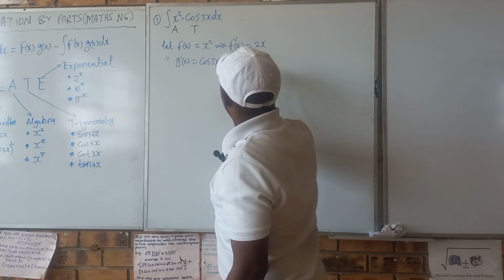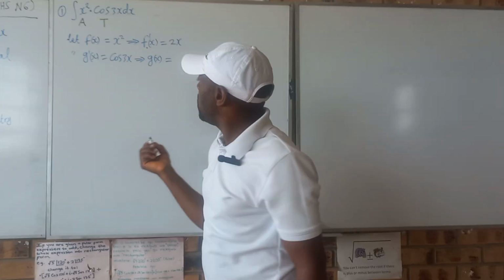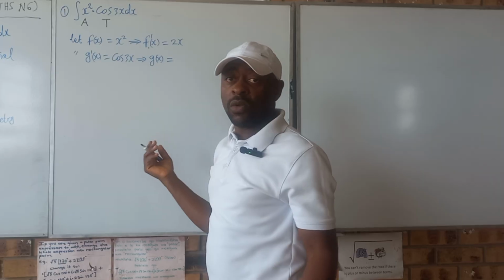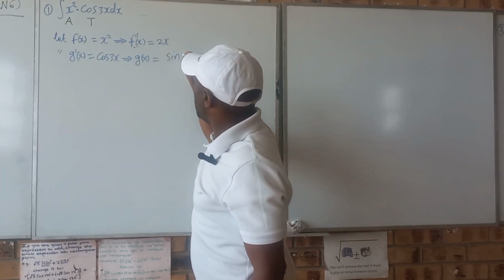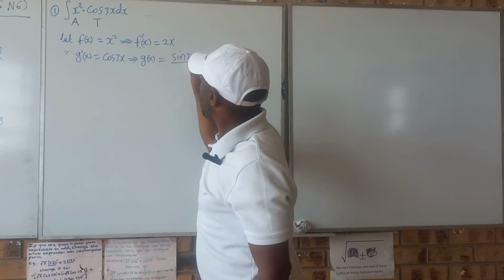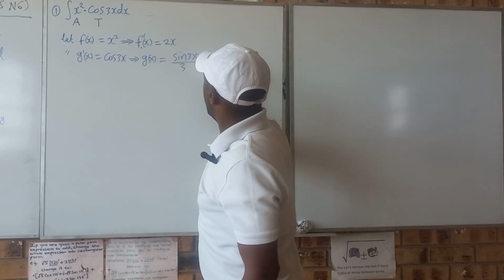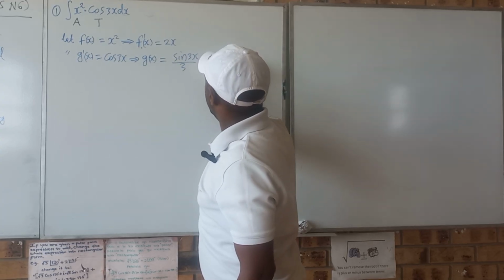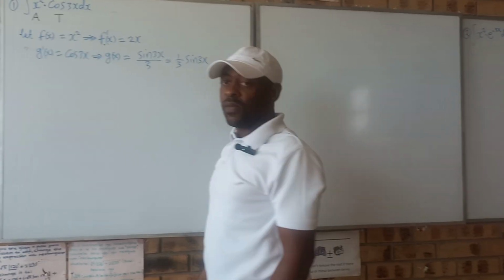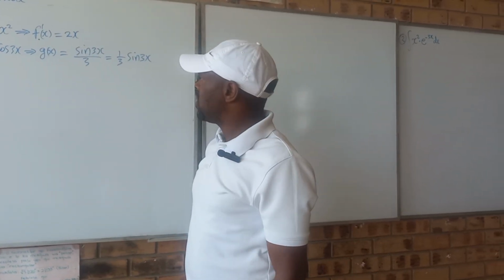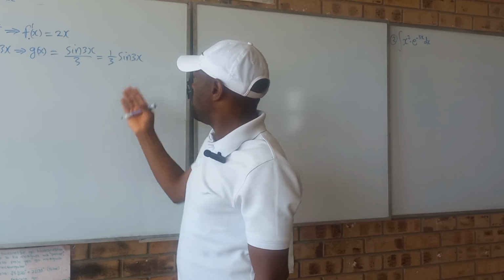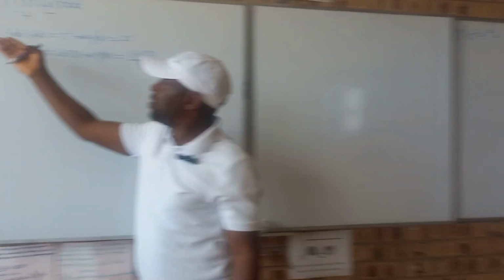When I integrate cos, if you're not familiar with the integral of cos, just look at page 2 of the formula sheet. It should be sine 3x over 3, which I can also call 1/3 sine 3x. That's the integral of cos 3x, if I'm looking at page 2 of the N6 formula sheet, column number 3. So from here, I can now substitute into the formula.